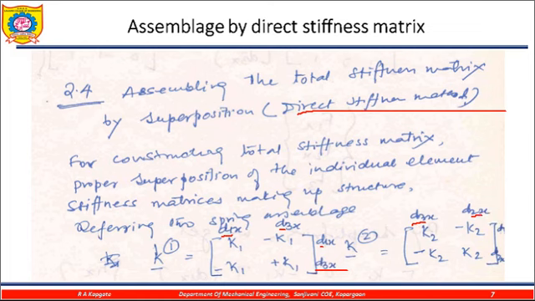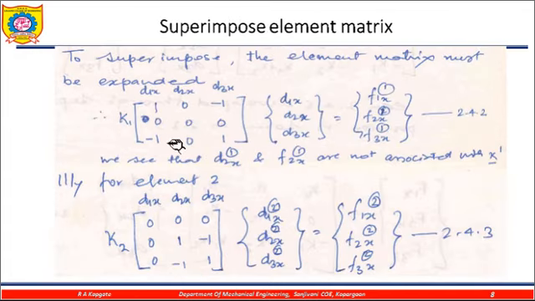So write your parameters here, and later on, in the assemblage process, write down d1x, d2x and d3x. Now expand, or directly superimpose, the elements.